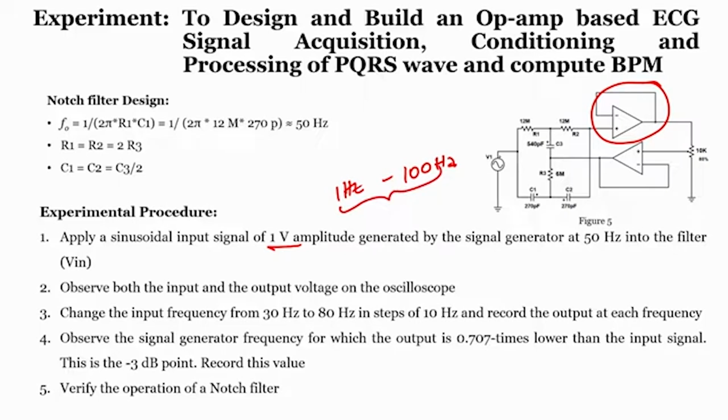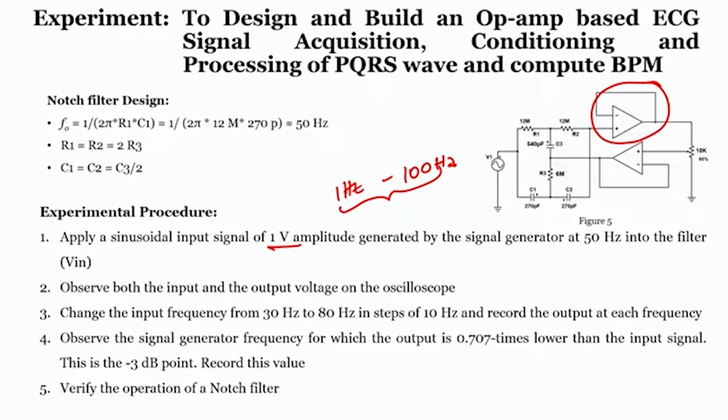This particular circuit is designed to remove the narrow band of 50 hertz. Since 50 hertz lies within this frequency range, the purpose and requirement can be completely monitored using this range of frequency. When we apply input, we will slowly change frequencies from 1 hertz to 100 hertz in steps of 10 hertz, and observe at what frequency the output amplitude is 0.707 times that of the input signal.